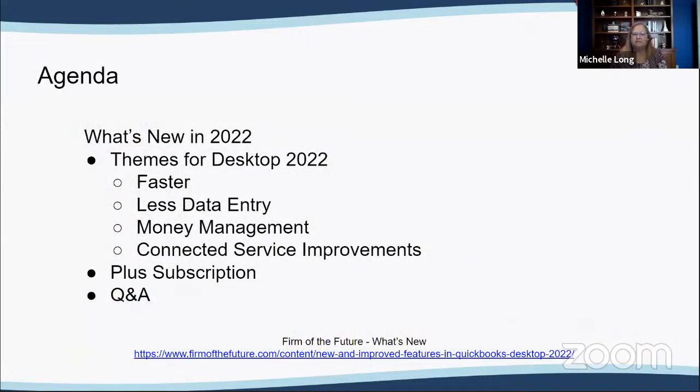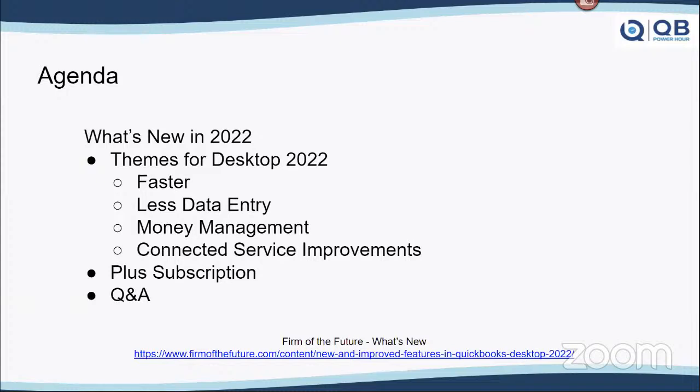Dan, you want to do the agenda? Yeah, so today we'll be talking about, again, what's new. We'll talk about the themes for this year's version of 2022, where it's really based on faster, some speed issues. Hopefully, I can't do anything about my internet speed, but at least for QuickBooks, we'll be talking about the speed issues that are addressed this year. Less data entry, money management, some connected service improvements, as well as the big drive around the Plus subscription, and then we'll just open it up for Q&A.